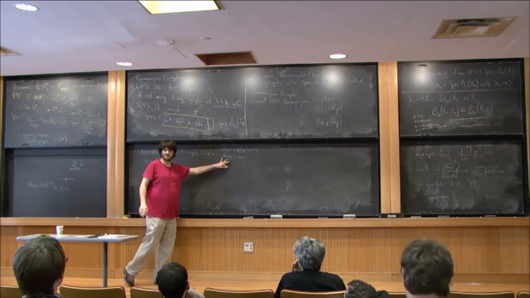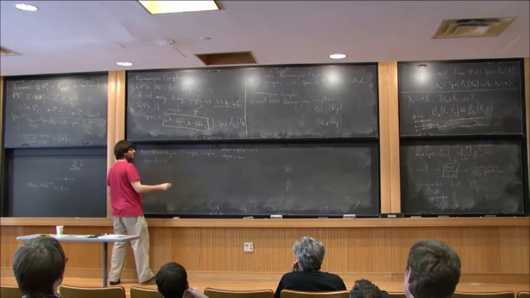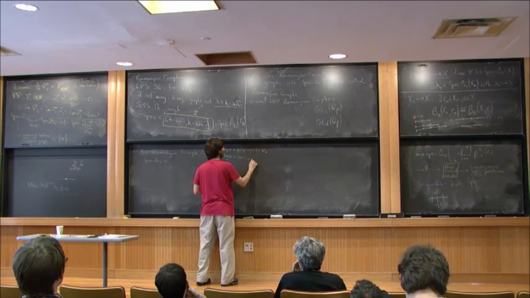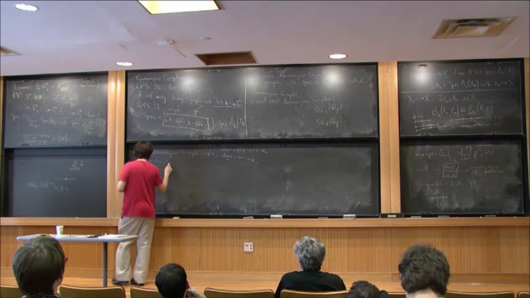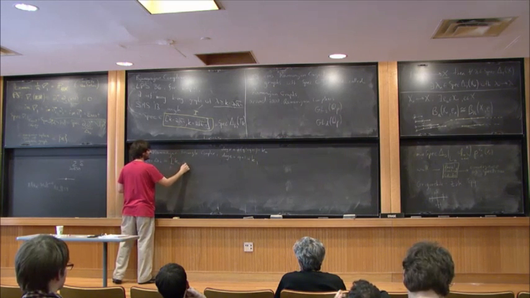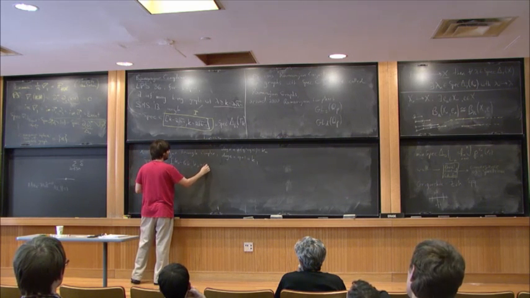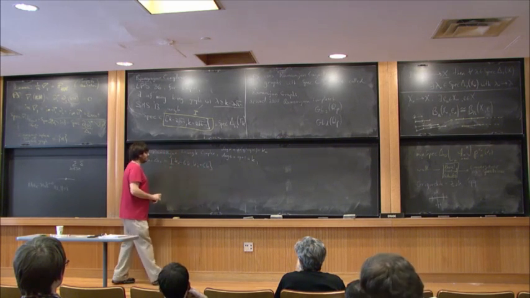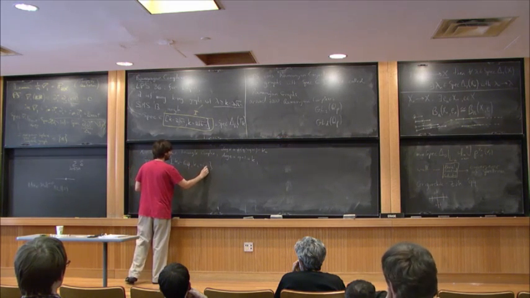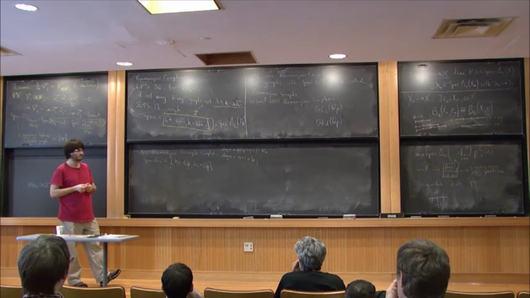All the edges have the same degree. Let's call these k0 and k1. The spectrum on edges is between k0 minus 6k and k0 plus 6k, something like the root of k0.